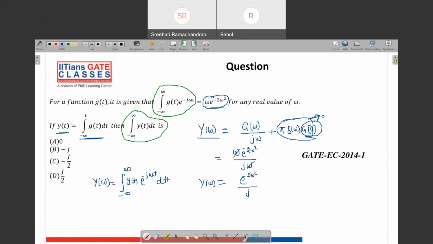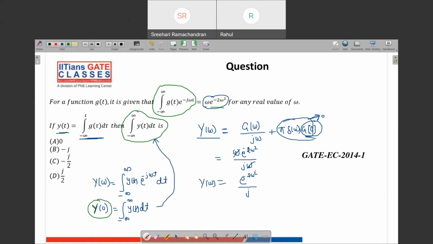When you put omega equal to 0 in this equation, it becomes Y of 0 equal to the integral from minus infinity to infinity of y of t dt, which is the thing that we want to calculate here. So essentially, the integration of y of t from minus infinity to infinity is equal to capital Y of 0, which is the Fourier transform of y of t at omega equal to 0.